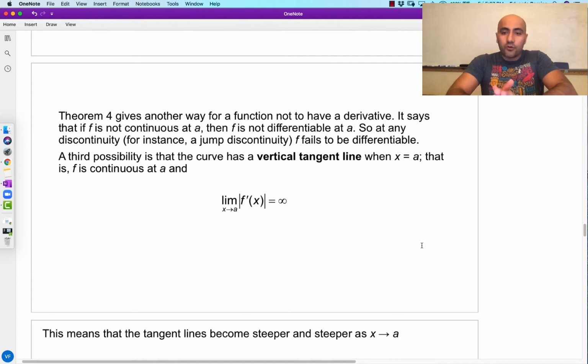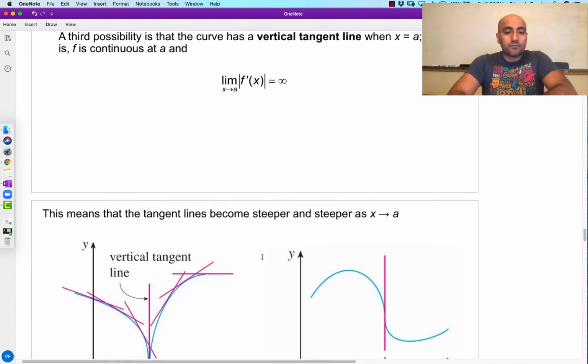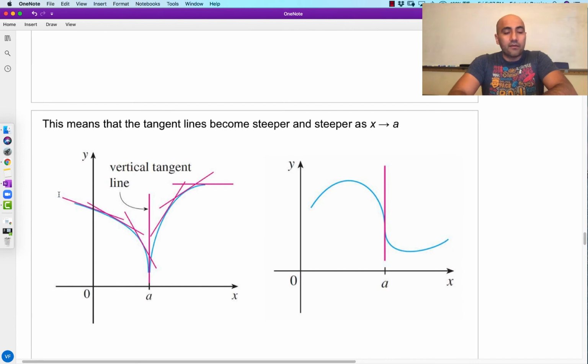Also, if it has a vertical line, then the limit as x approaches a of the absolute value of the derivative f prime of x is going to go toward infinity, meaning that the slope of the tangent line is getting infinitely steep, and the absolute values here just mean that it's getting steep in the positive direction or the negative direction. So here's a graph of that.